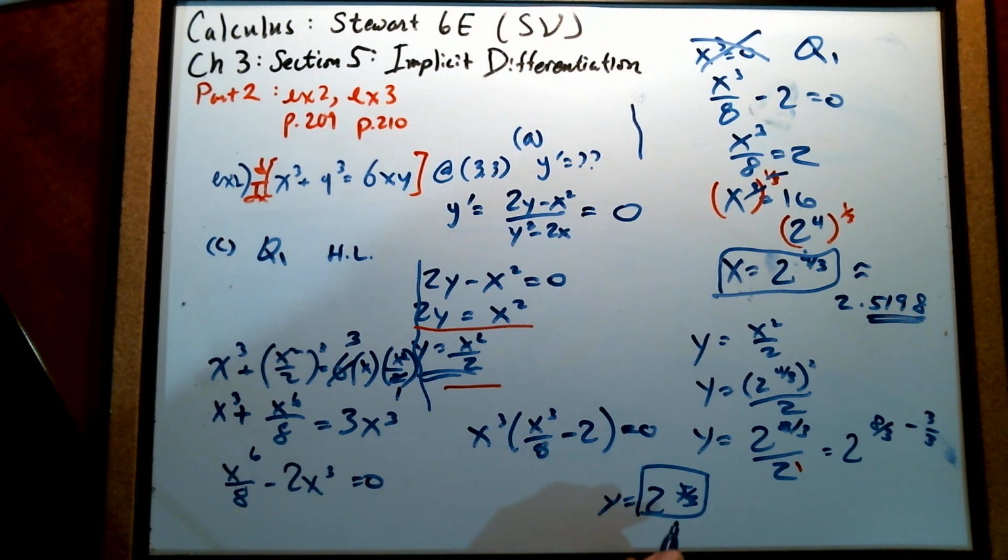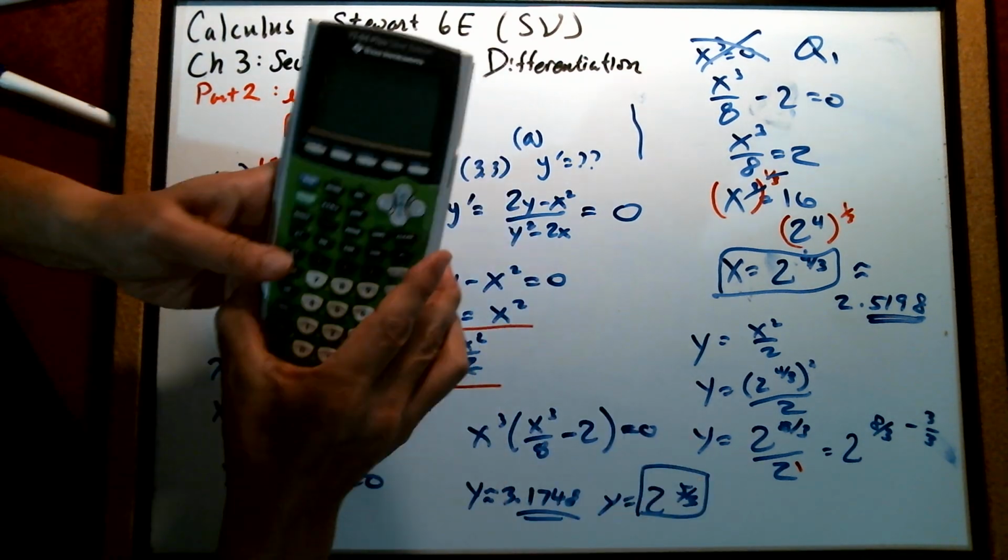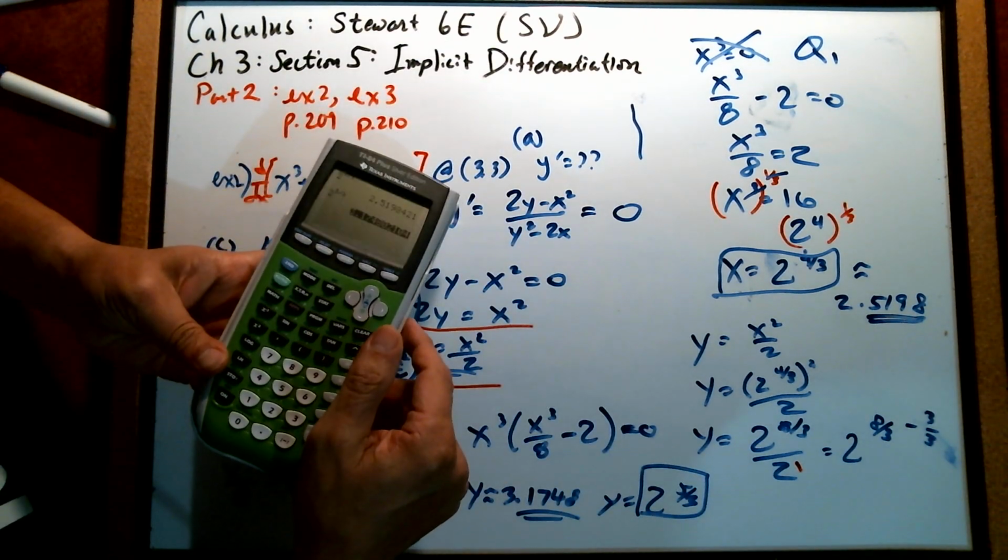Okay. 2 to the 5/3, I believe, is 3.1748. I'll show you what I just did. I'm going to turn this calculator on.